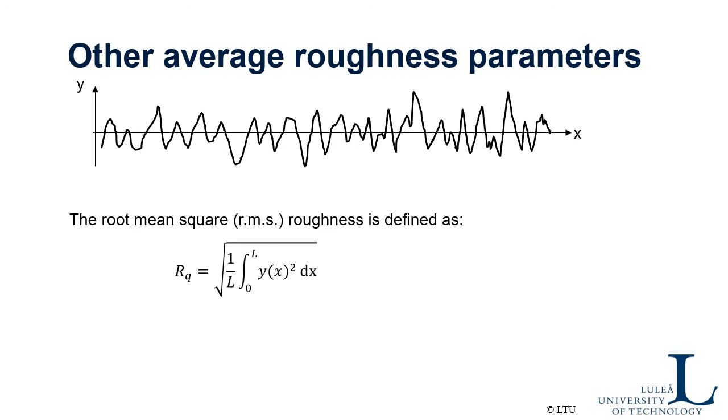So another average roughness parameter which is used relatively often is the RQ, which is the root mean square roughness. So instead of the arithmetic average, you have the root mean square. Mathematically it's defined like this. It gives you a similar number to the RA, but not exactly the same number.